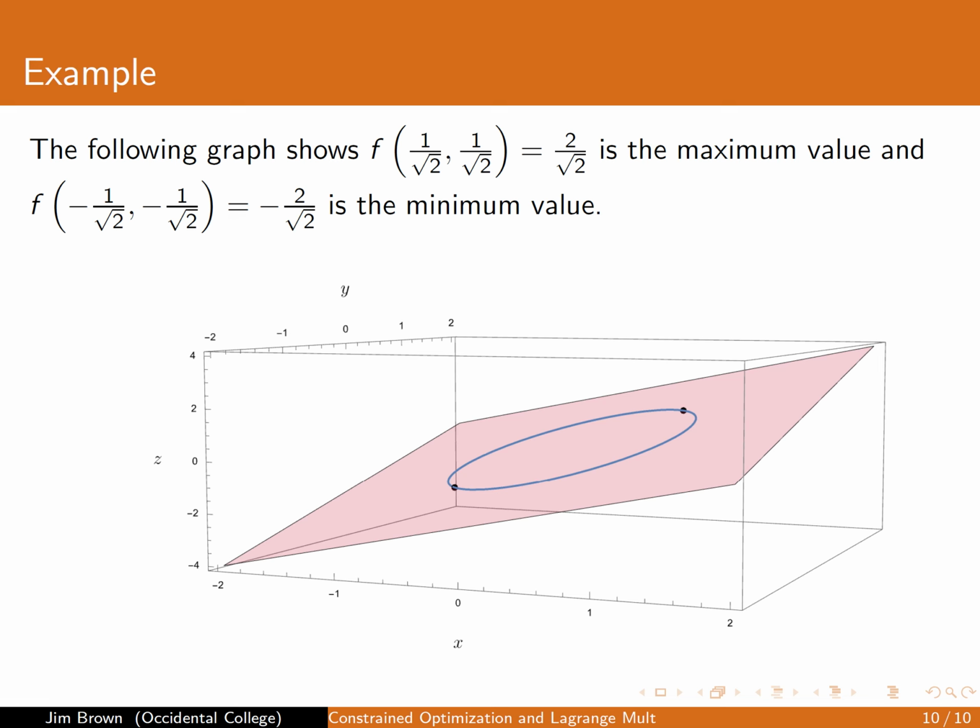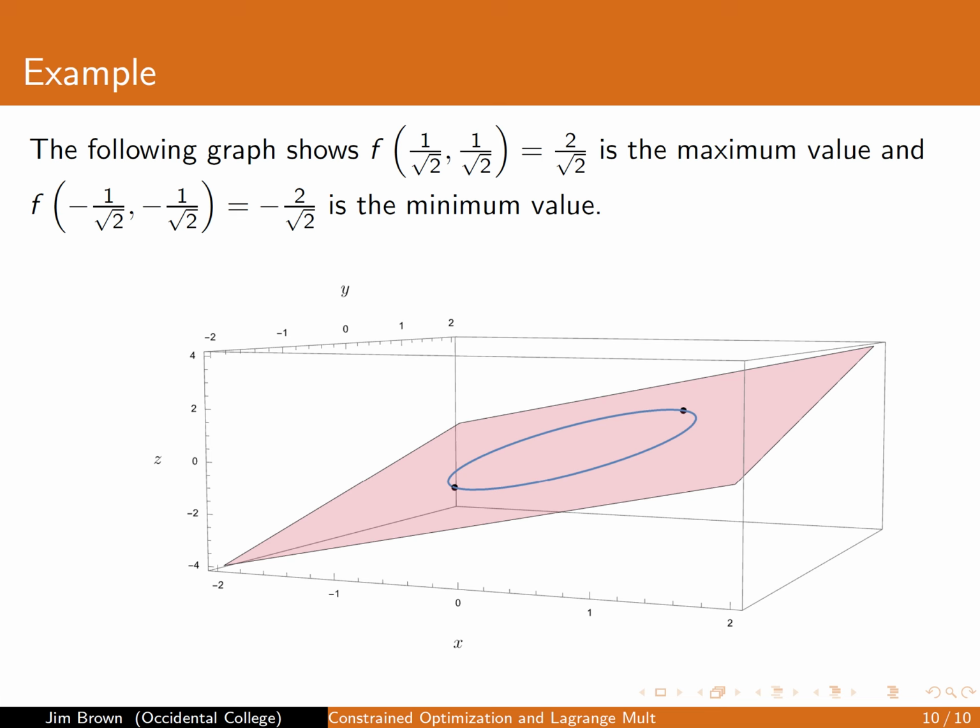And then we can graph this if we like, and this will tell us which is which. So if I graph, the pink here is the plane x plus y, and the blue is the values on that plane where x squared plus y squared is equal to 1. And then I've put the two black dots here. This is where we have x is equal to 1 over square root of 2, and y is 1 over square root of 2.